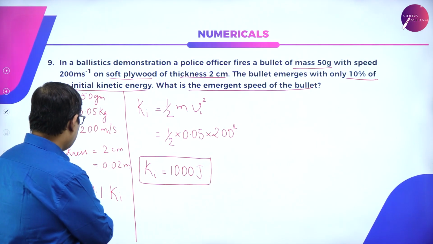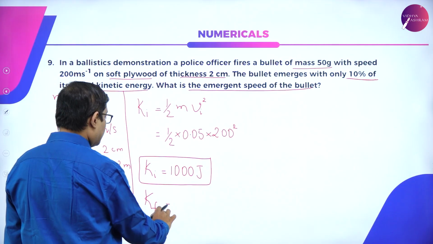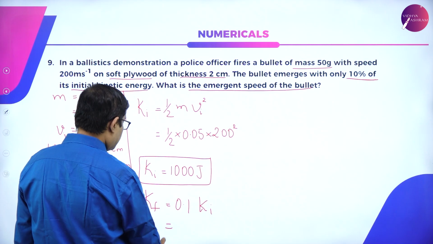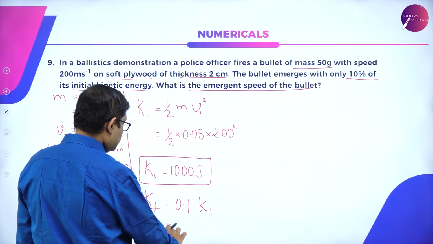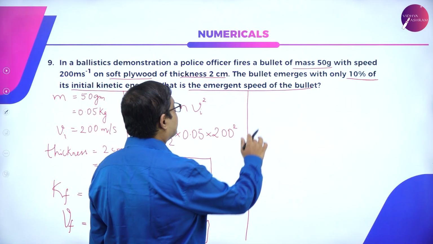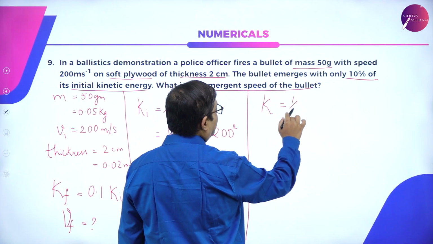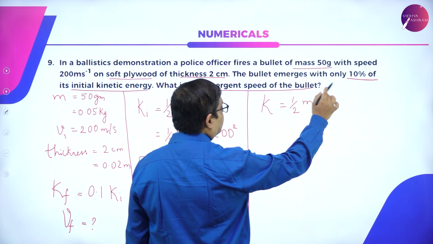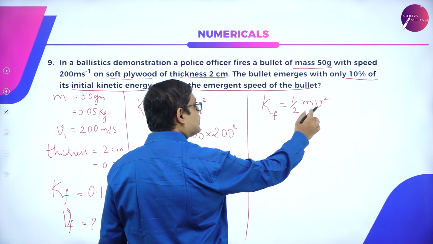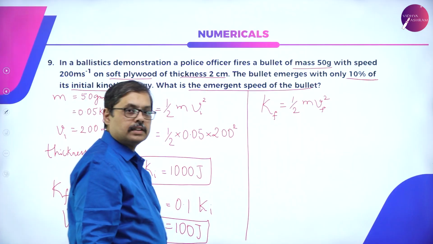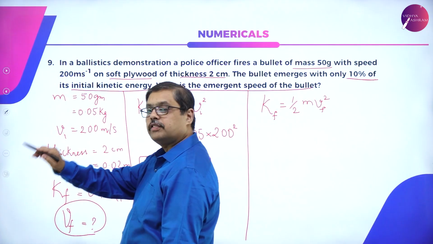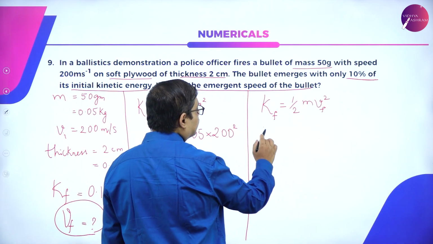What do I know? I know that final kinetic energy is 10% of initial kinetic energy, which means to say that the final kinetic energy is 100 joules. What is the formula for kinetic energy? Kinetic energy is given by half mv square. I have already found out the initial kinetic energy. Final kinetic energy is given by final velocity. Okay, that is what I am supposed to find out. What is the emerging speed of the bullet? Let me check that.